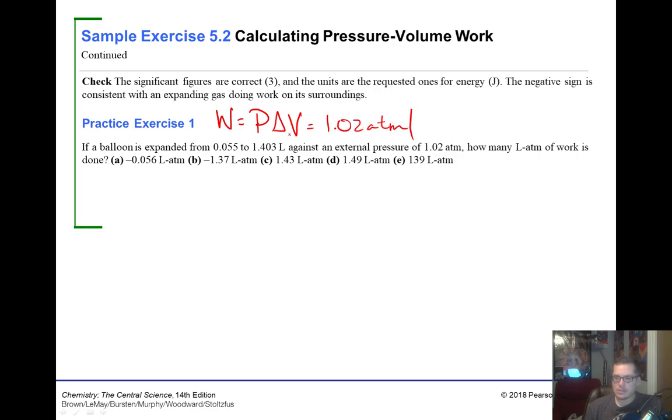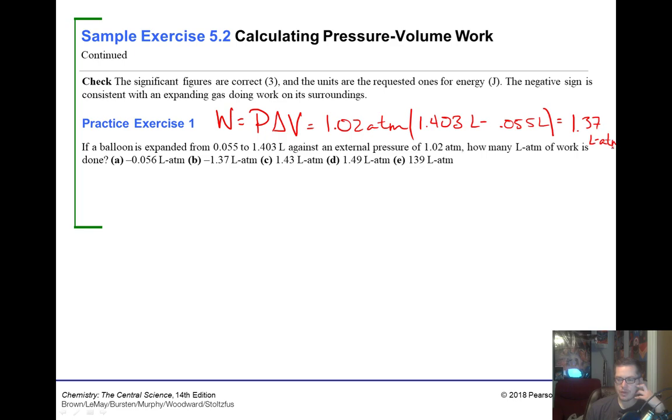Then we need the change in volume, change in always meaning final minus initial. So it goes from 0.055 to 1.403, which means we'll take 1.403 liters minus 0.055 liters. Now we have to think about this real quick. If we punch this in, we'll get 1.37 liter atmospheres.